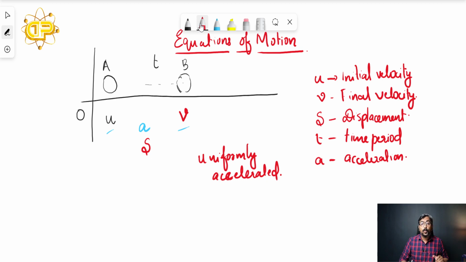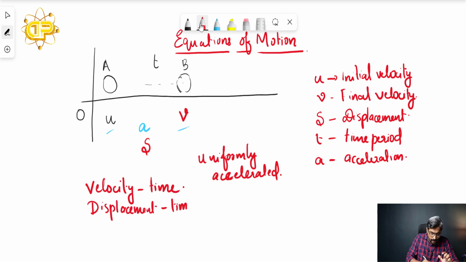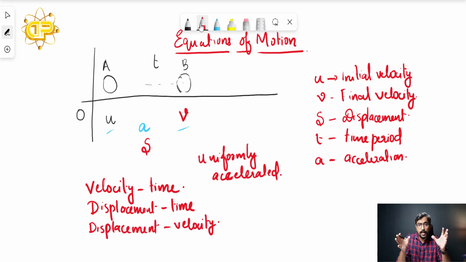Okay, fine. So in this session, we are dealing with three equations, namely the velocity time relation or equation, next the displacement time equation, as well as the third equation which gives a clear-cut idea on the displacement velocity equation. So each equation of motion will give you a particular relation.